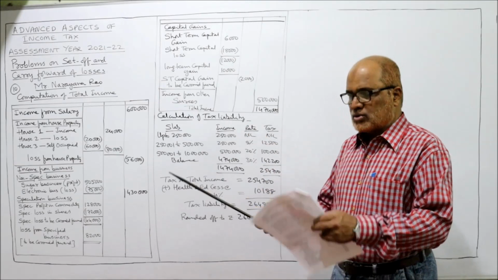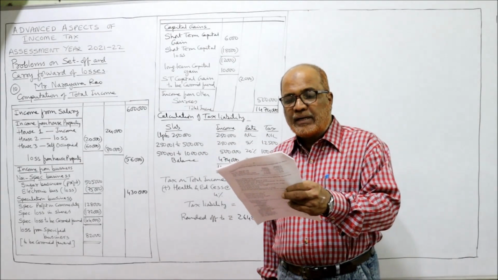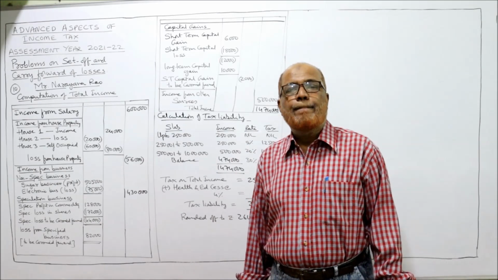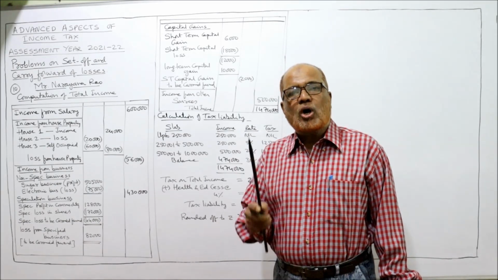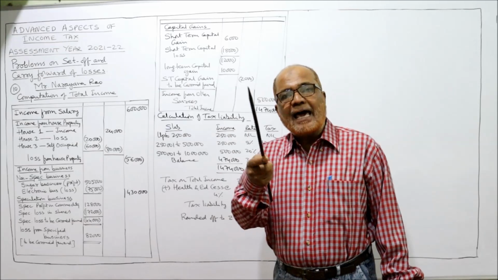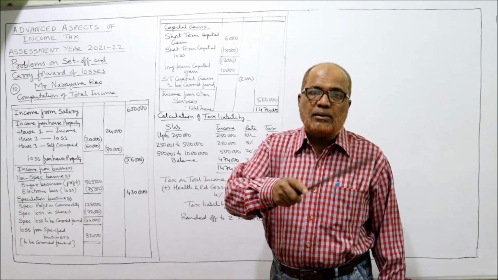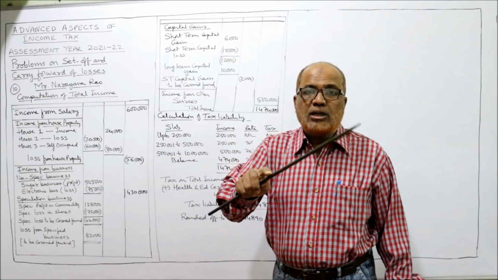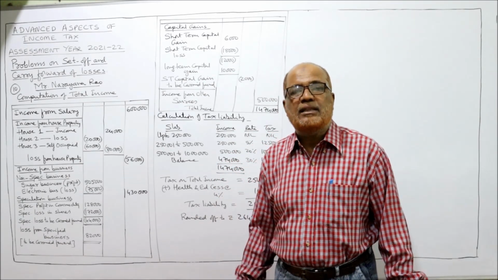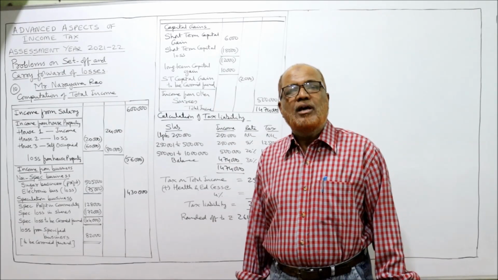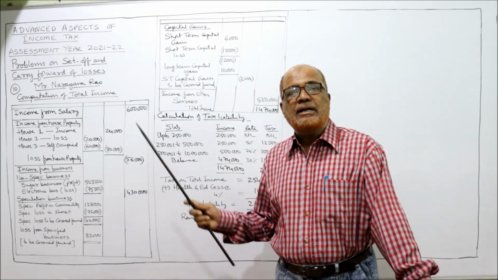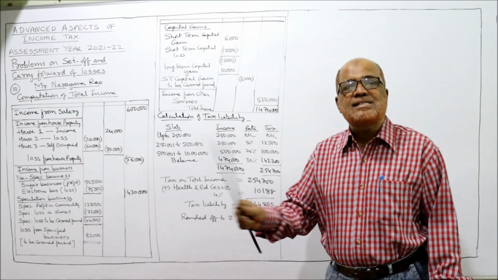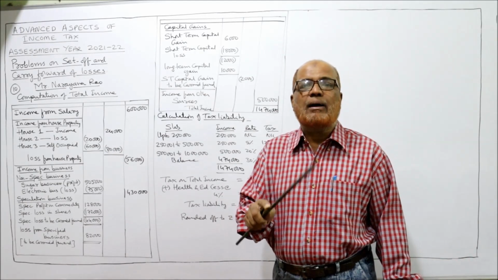Now, long-term capital gain, LTCG, is 10,000. Remember one point: short-term capital loss can be set off from long-term capital gain, but long-term capital loss cannot be set off from short-term capital gain. That is a rule, that is a provision. Here we have long-term capital gain. So from long-term capital gain, we can set off short-term capital loss.